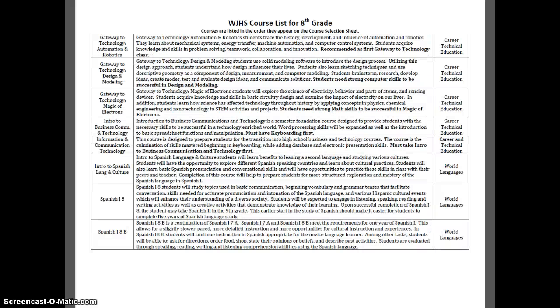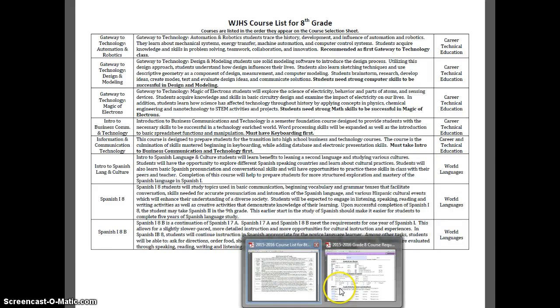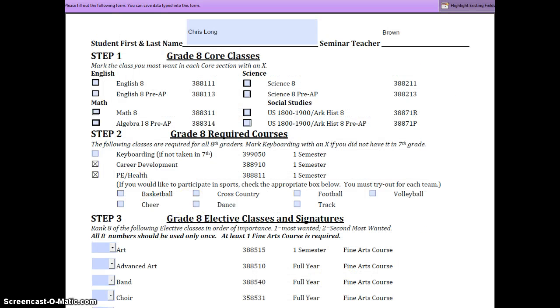So there that is. And so we're going back, and you've looked over the course list and you've decided, okay, in English I want to take regular English, I want to take pre-AP science, and I would like to take regular U.S. history and Arkansas history. These numbers over here, they don't mean anything to you. They mean things to us and your teachers.